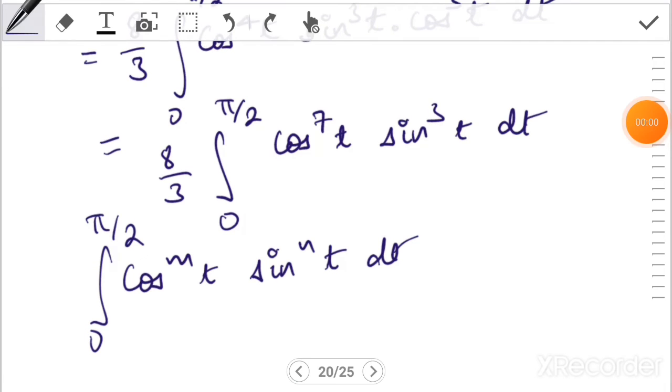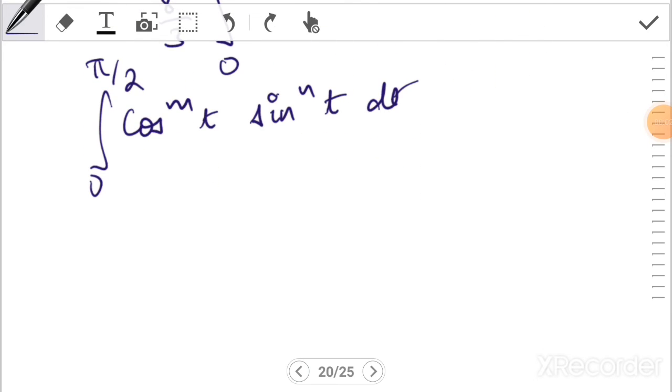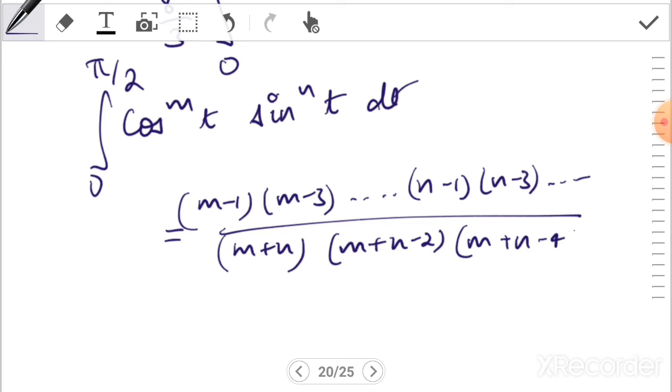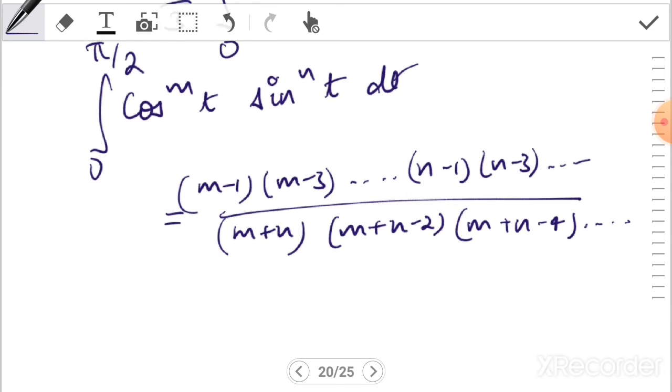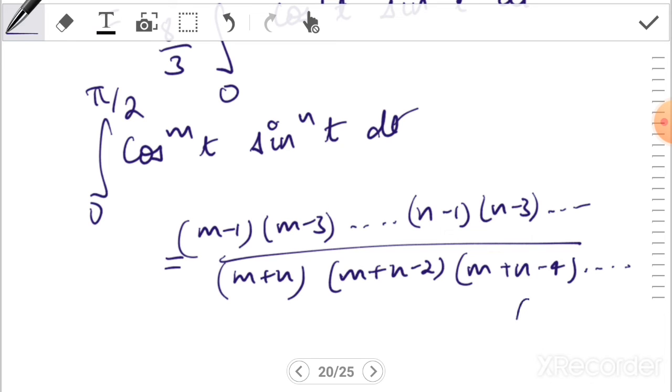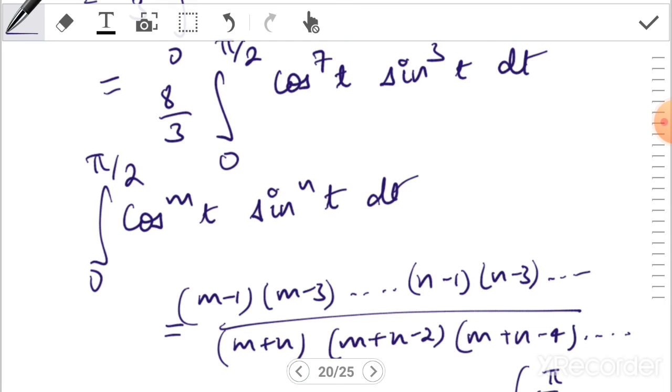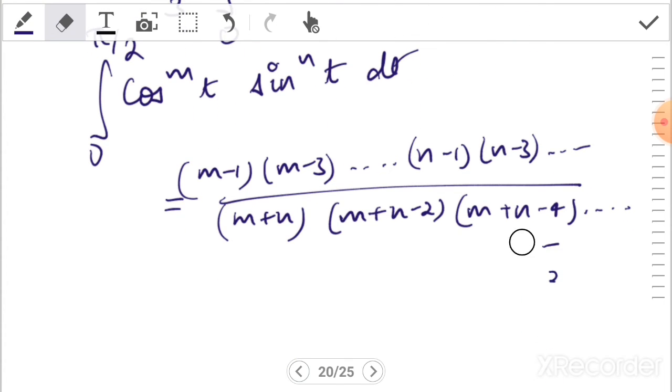So we know the reduction formula is (m minus 1)(m minus 3)... (n minus 1)(n minus 3)... in the numerator, and in the denominator (m plus n minus 2)(m plus n minus 4), and so on. Okay. And we have to multiply by pi by 2 if both m and n are even, but here both are odd, so we can omit this.